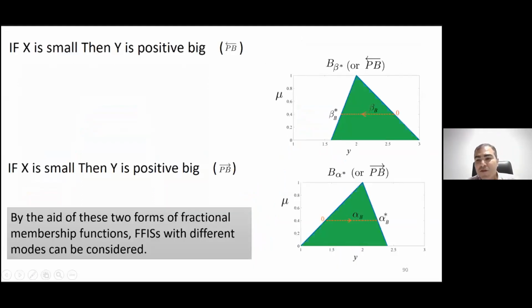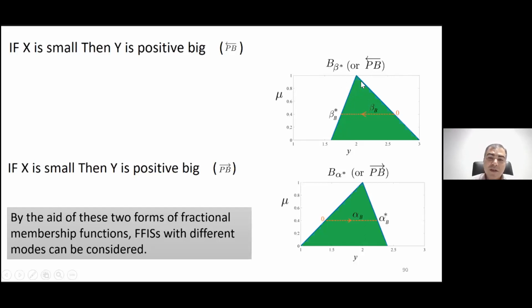One of the features of information is its direction. This feature emerges in the direction of a fractional index. So corresponding to each typical membership function, there are two forms of fractional membership functions called alpha and beta forms, indicated by an arrow on top of the label of the fuzzy set. For example, this is a fuzzy set.